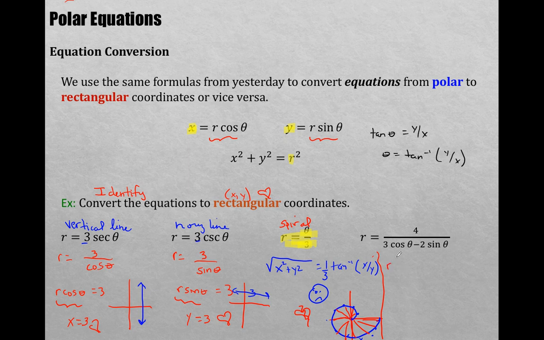You get r times 3 cosine theta minus 2 sine theta is equal to 4. I just multiplied both sides by the denominator, distribute the r. Oh, snap. 3r cosine theta, hello, x, minus 2r sine theta, hello, y.